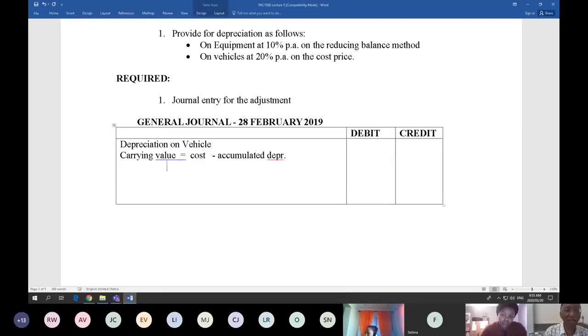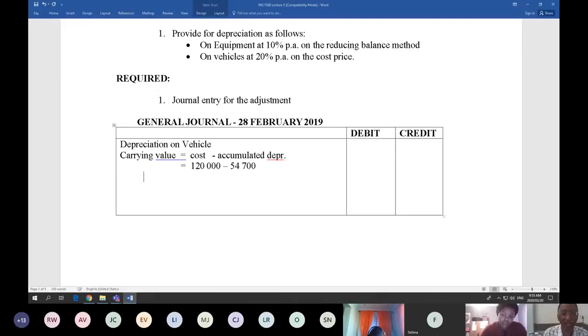If you want to calculate the carrying value of the vehicle, the cost price of the vehicle, go to vehicles at cost, and vehicles at cost is 120,000 rand in your trial balance. Accumulated depreciation on vehicles is 54,700 rand. So you must first calculate the carrying value there.